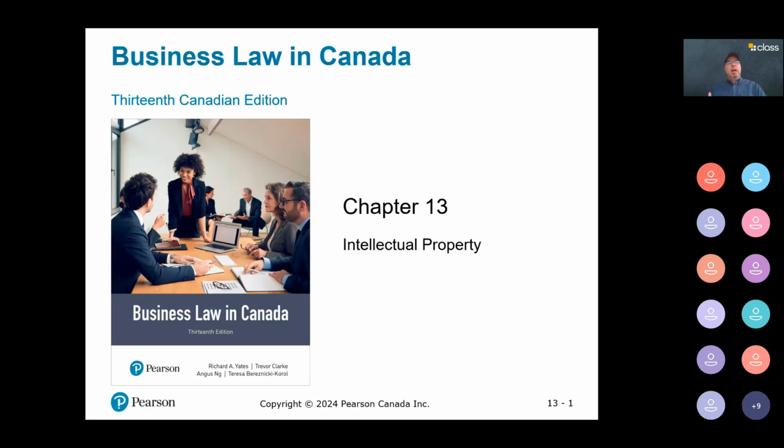We're going to go through trademarks, copyright, patents, industrial design. So the idea here is to understand those different types of intellectual property and what each of them protects. So that's the main objective of the chapter of the lecture.